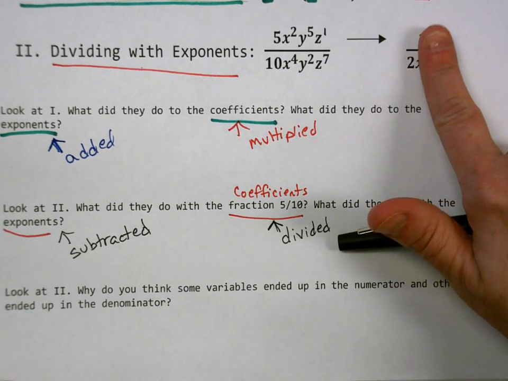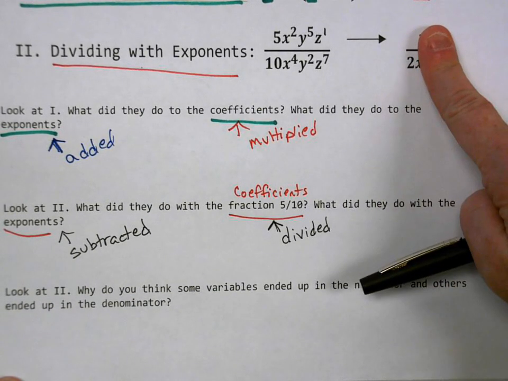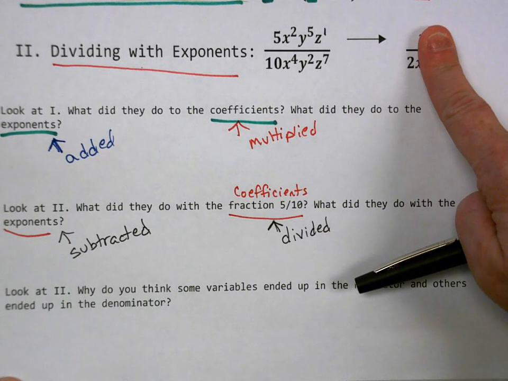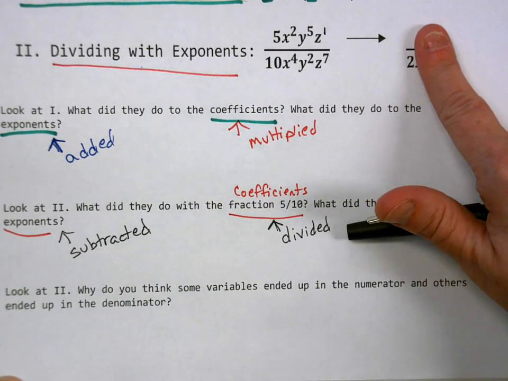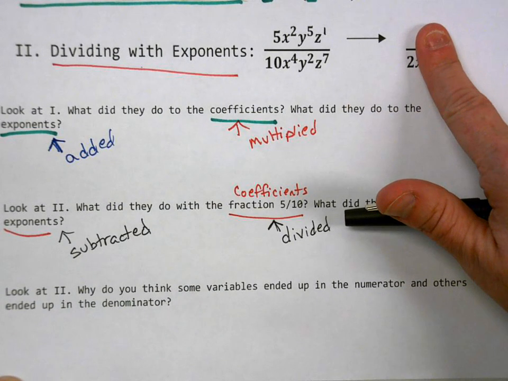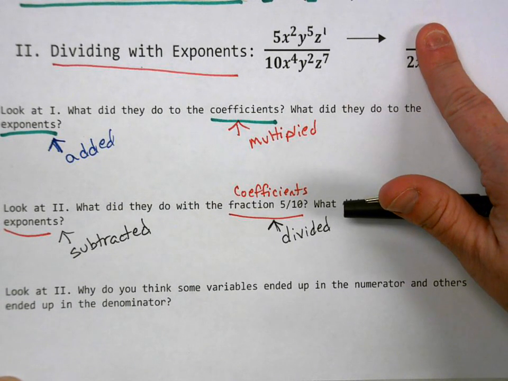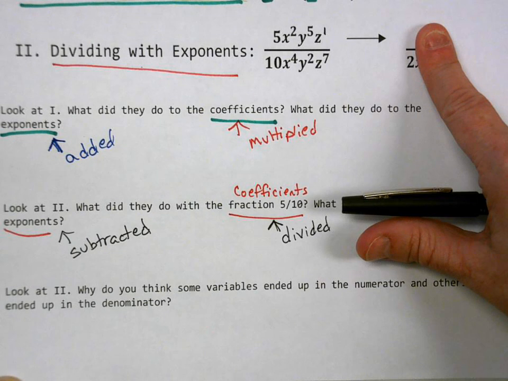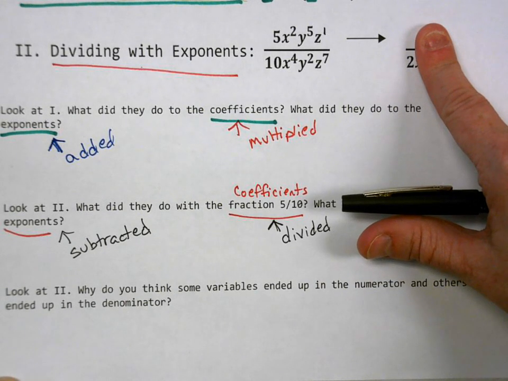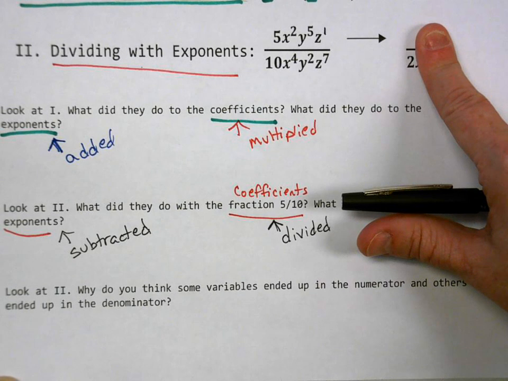So, well, let's look. It also applied to this, the coefficients, right? 5 and 10. Why did the 2 end up in bottom? Because it's simplified to that, but why? Ask the question again.